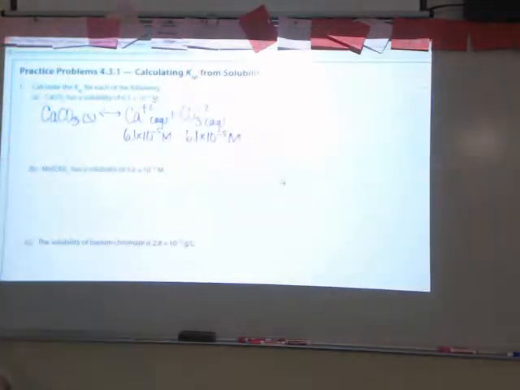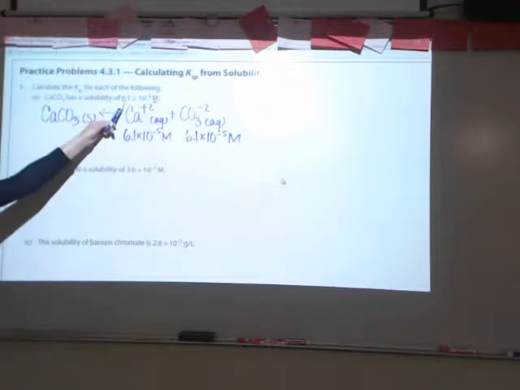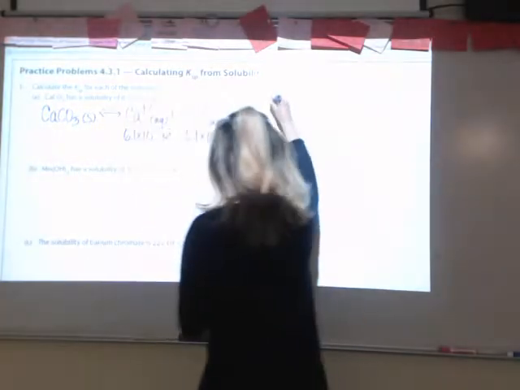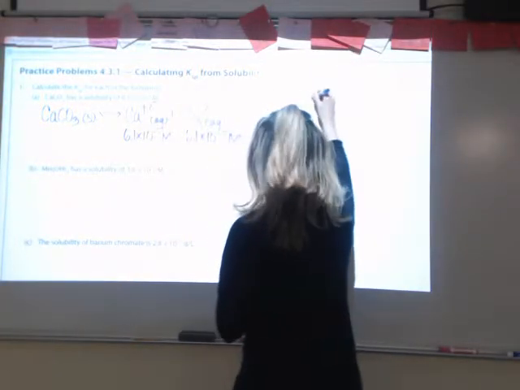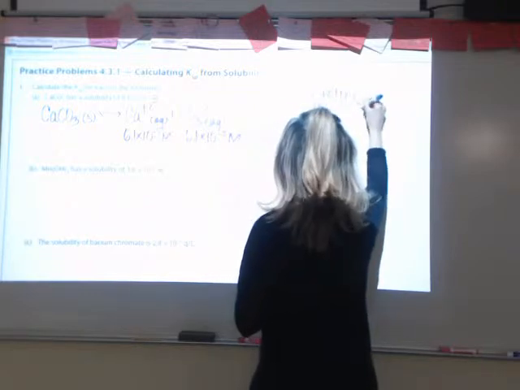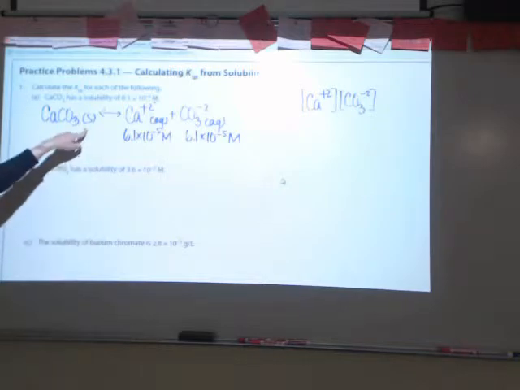Okay, because when we're at equilibrium and it's a saturated solution, I've dissolved the maximum amount of ions that I possibly could. So if this is the solubility of calcium carbonate, this is the maximum amount of ions I could have for each. Okay, so the Ksp expression would be the calcium ion concentration times the carbonate ion concentration. I omit the solid.